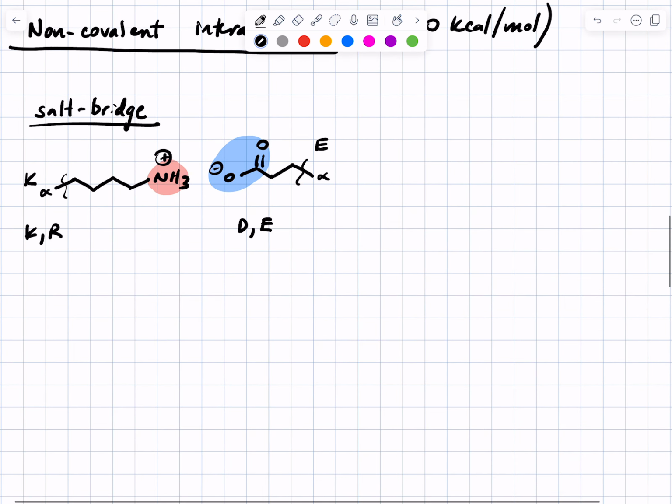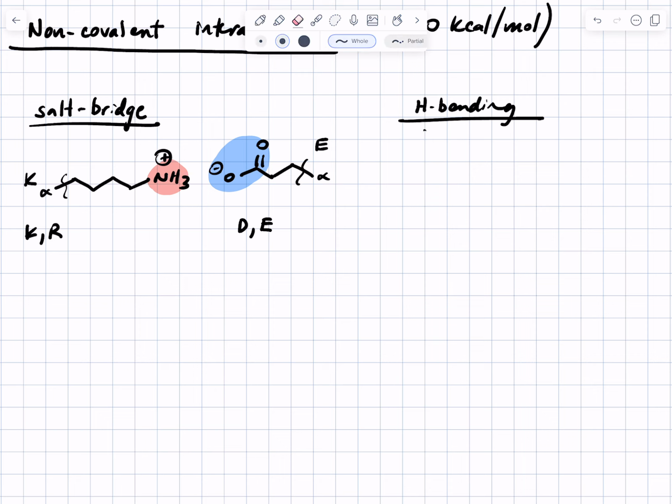Another type of interaction that you should be aware of is hydrogen bonding. We can't possibly illustrate all the examples. This hydrogen bonding can involve backbone groups, it can involve side chain groups, and it can definitely involve water.